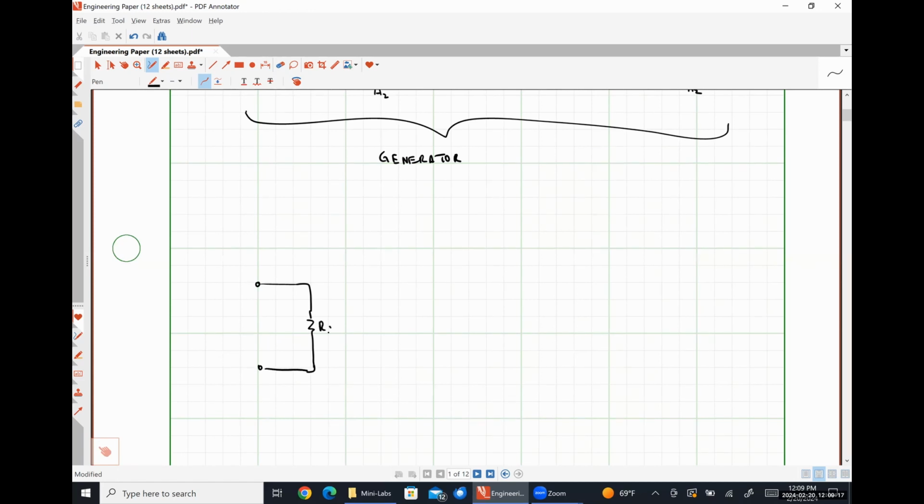So here's our resistance RF, our voltage VF, and our current IF. And then using the simplified representation, here's A1, A2 for our armature terminals, RA, EA like so.